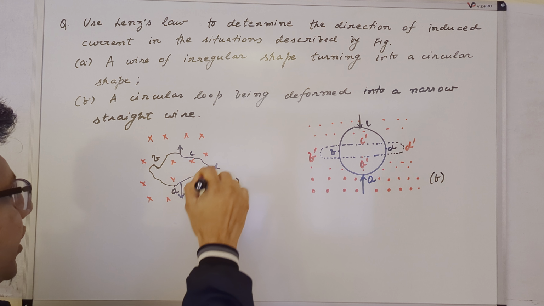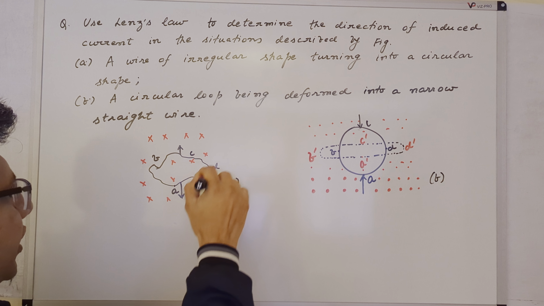So I am summarizing it. When we increase the area by making this irregular shape into a circular shape, what are we increasing? We are increasing the flux into the plane of the board. So the induced current should be in such a direction as to oppose this increase in the flux.